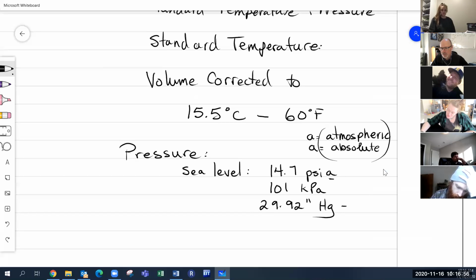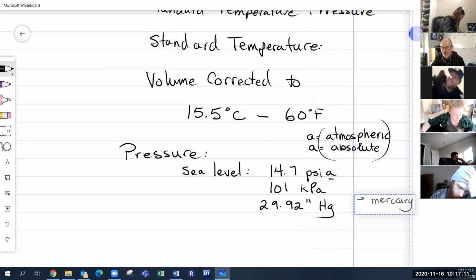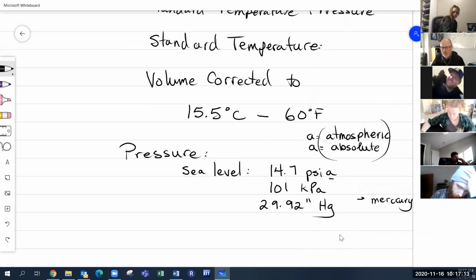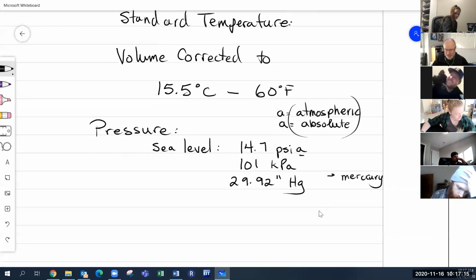Hg is the chemical symbol for mercury. And under mercury, there is a metric equivalent to this 29.92 inches, and that is 760 millimeters of mercury.